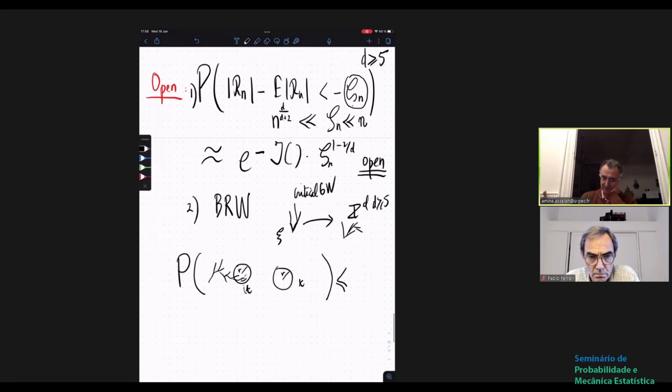And I'm sure Hubert will look at the self-avoiding random walk and try to get something like, what is the probability? You can ask the same thing about the intersection of two independent self-avoiding random walks in high dimension and try to get estimates about the tail.